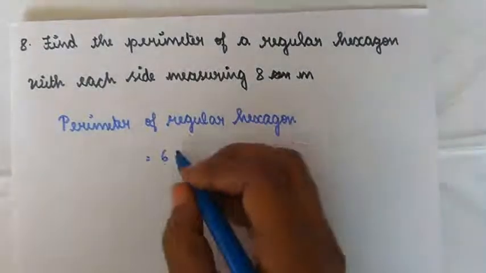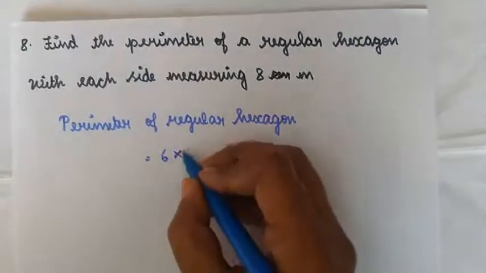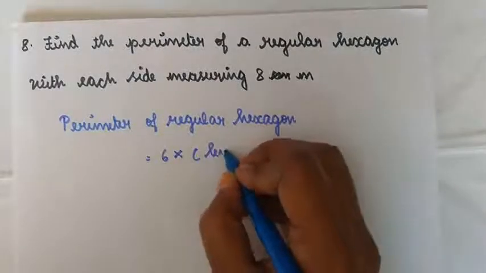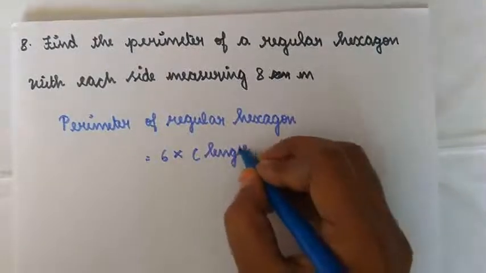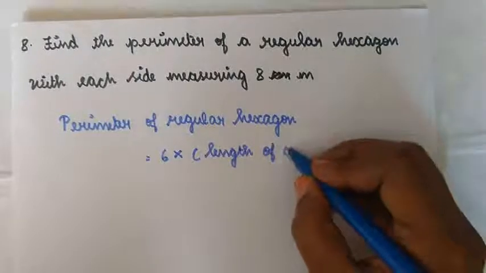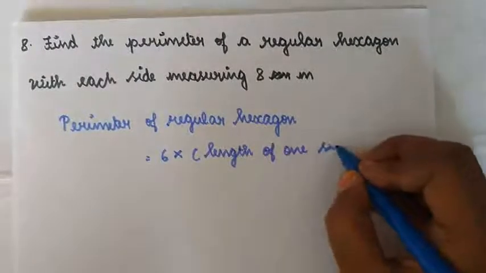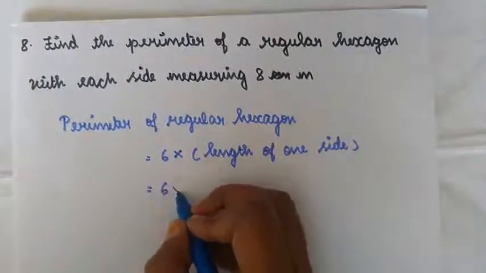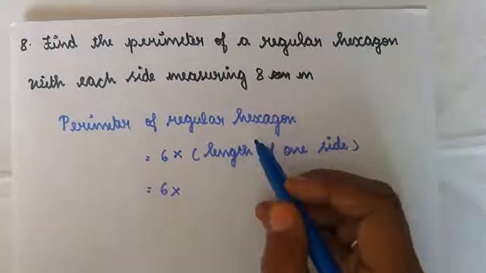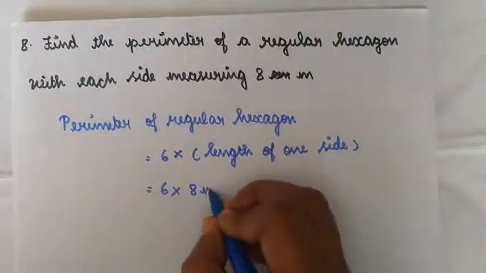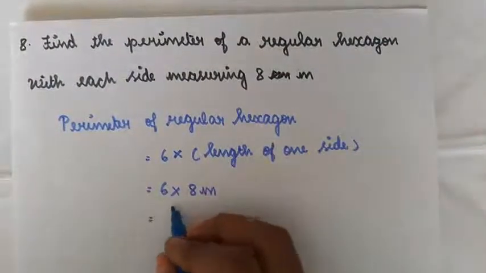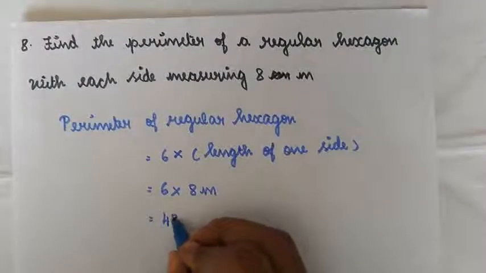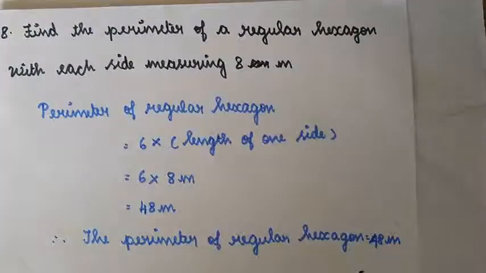It has 6 sides, so we have to multiply by 6 and length of one side. So 6 into length of one side is 8 meter. So we get the answer 48, 6 8s are 48 meter. So therefore the perimeter of the regular hexagon is 48 meter.